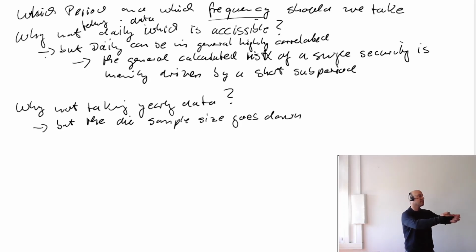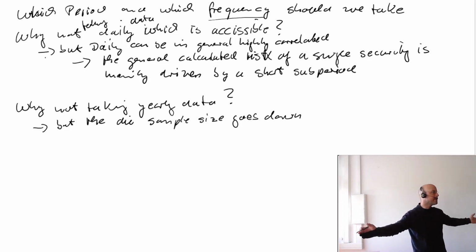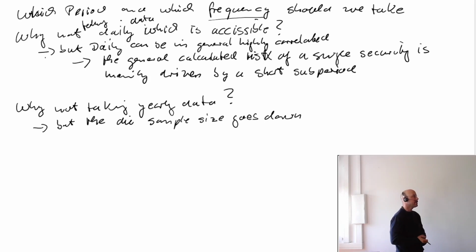And what else could happen? Well, then you say, then let's increase our period we are looking at. Then let's say, let's look in the history to the last 30, 40, 50 years. Then I would have again in general enough data to do statistics.